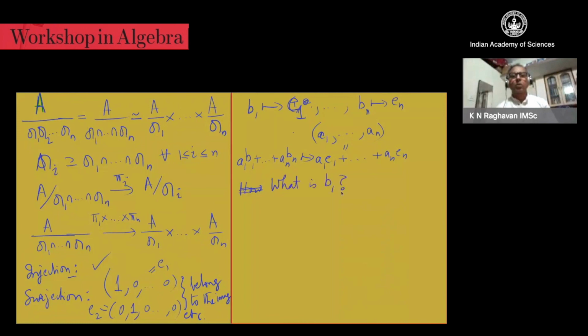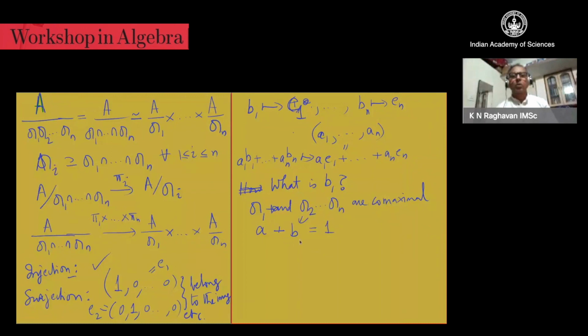We just saw that A1 and A2, ..., AN are comaximal, so I can write A plus B equals 1, where A belongs to A1 and B belongs to the product of the others, therefore their intersection.